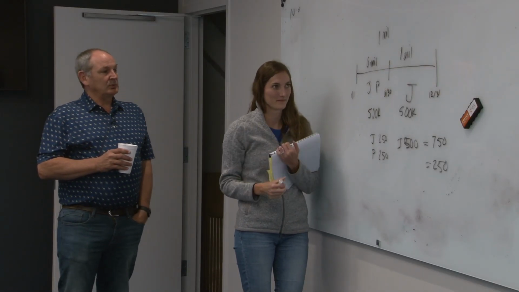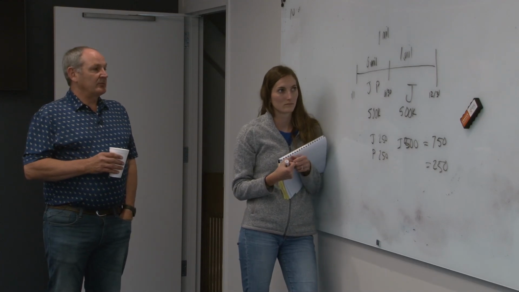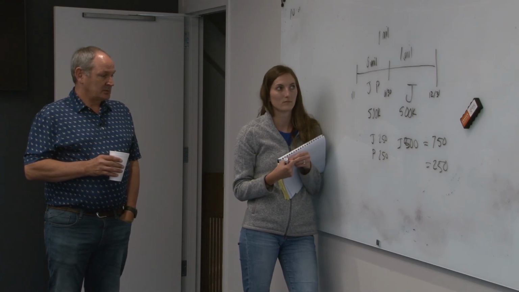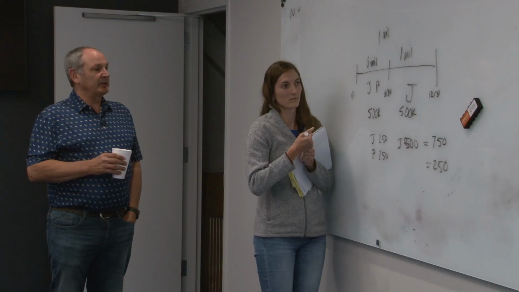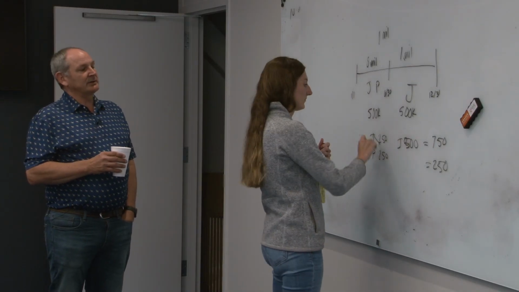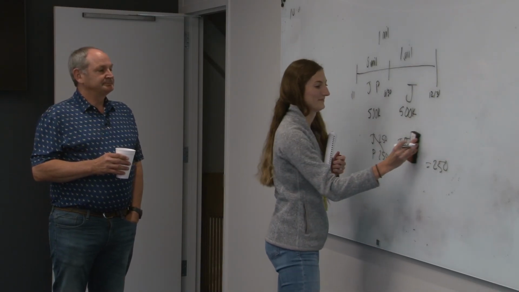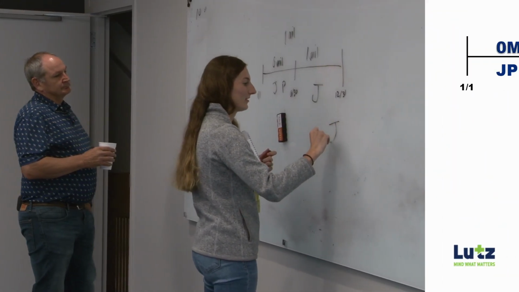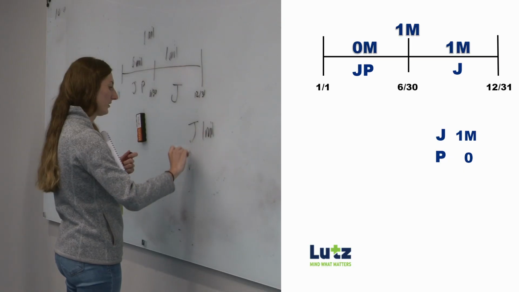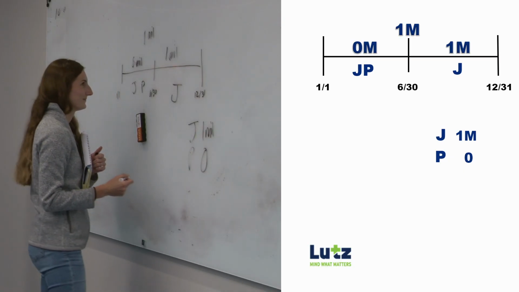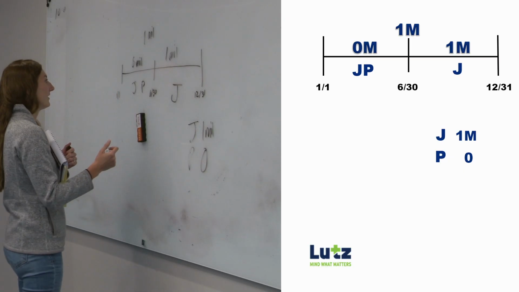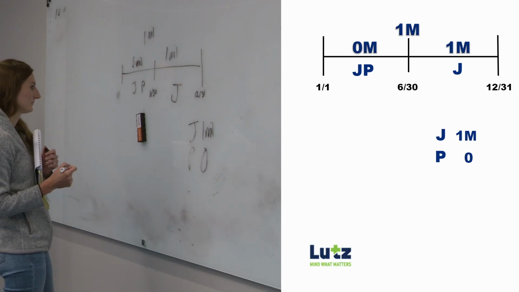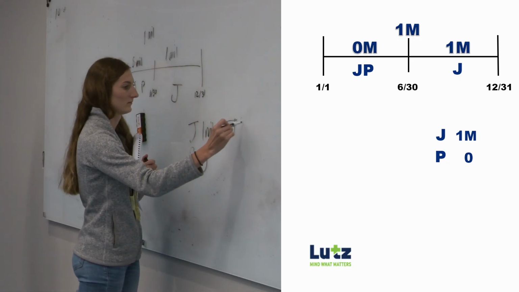So if you do that, J is going to have $1 million. So why don't you just go ahead and erase that and give J the full million. There's an eraser right there. Okay, because you made the election. Wait, if you didn't make the election, how's the income allocated?